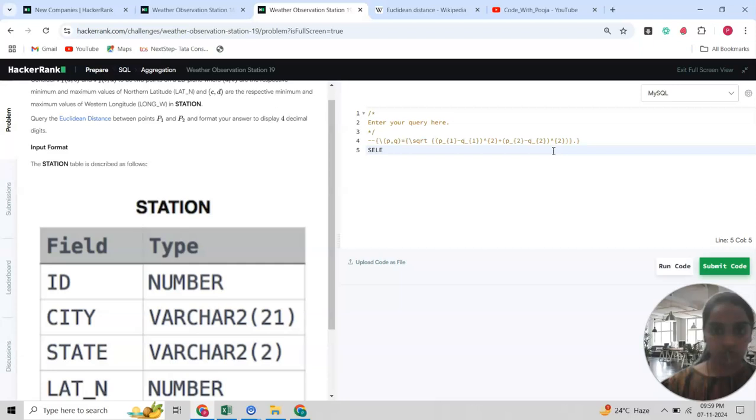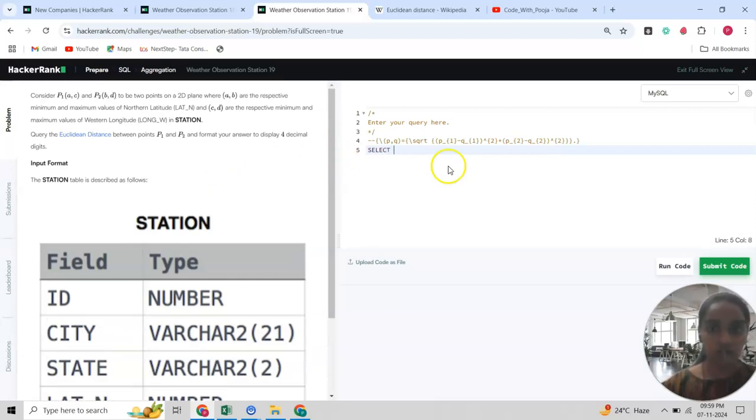So select. After selecting, what they are asking first of all is round. Round the answer to the 4th decimal. Now round what? Square root. So I will use the SQRT square root function here. Now inside the square root, what do we want to square?